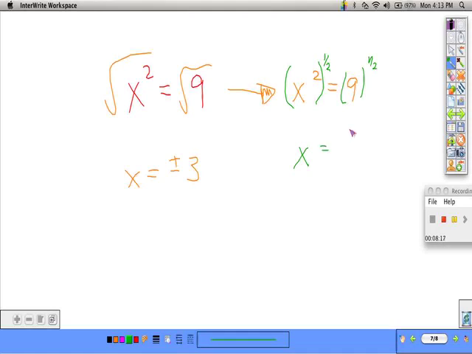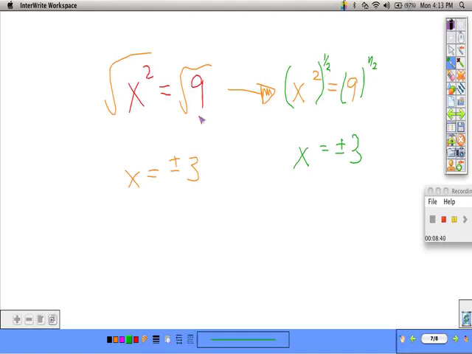So what you need to take from this is that the 1/2 power is the same thing as the square root. And we end up with plus or minus 3 here also. If you plug in 9 to the 1/2 to your calculator, you will get 3. But fractional exponents are the same thing as roots.